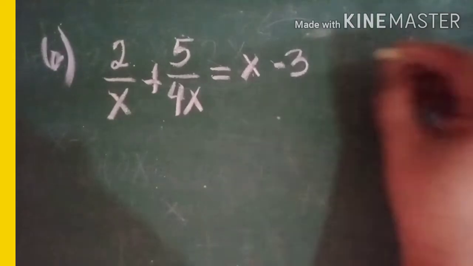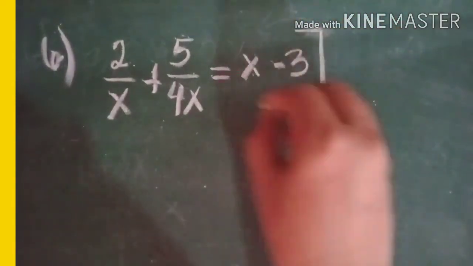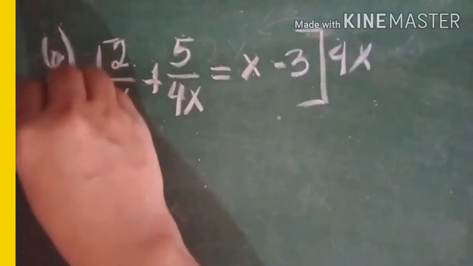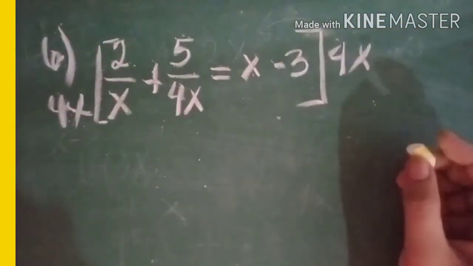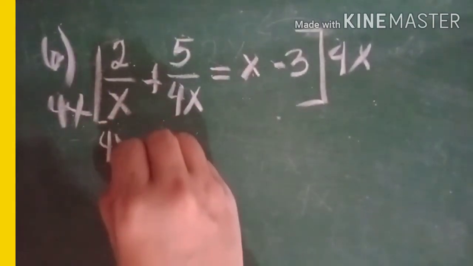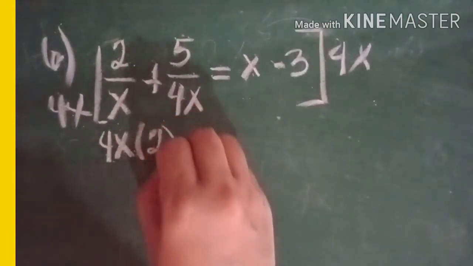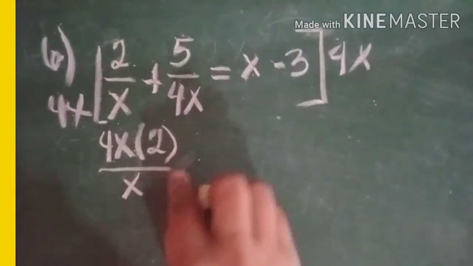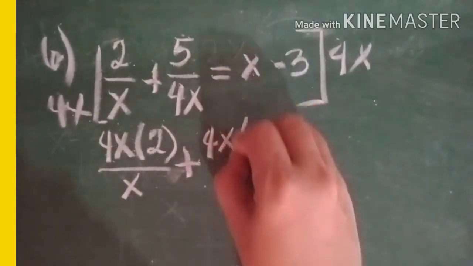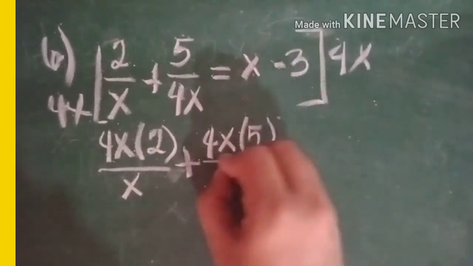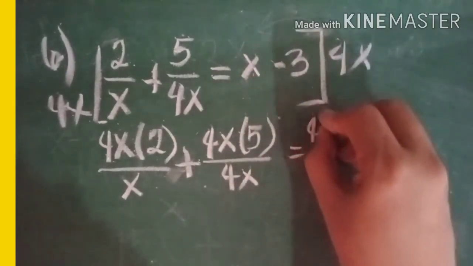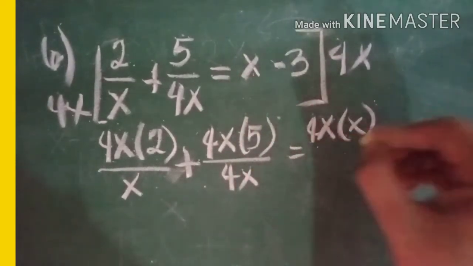Okay, so kukunin uli natin yung LCM or the least common multiple which is 4x. So, i-multiply natin siya both left and right side of the equation ng 4x. Okay, so 4x times 2 over x plus 4x times 5 over 4x. Okay, equals 4x times x.